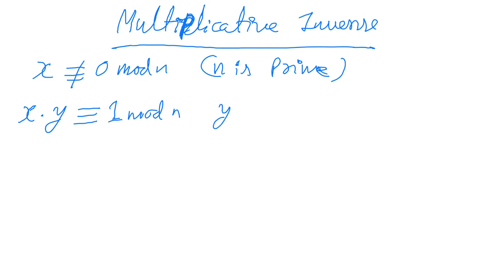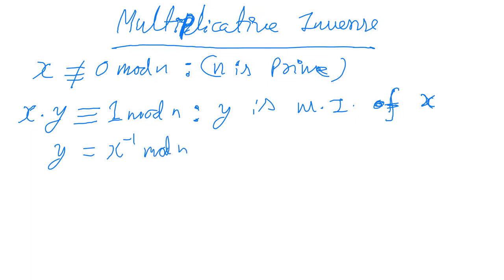So in this case, y is multiplicative inverse of x. Clear? Y is multiplicative inverse of x. You can also write as y is equal to x inverse mod n.